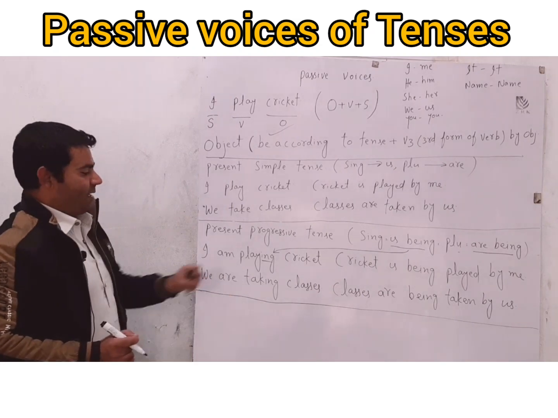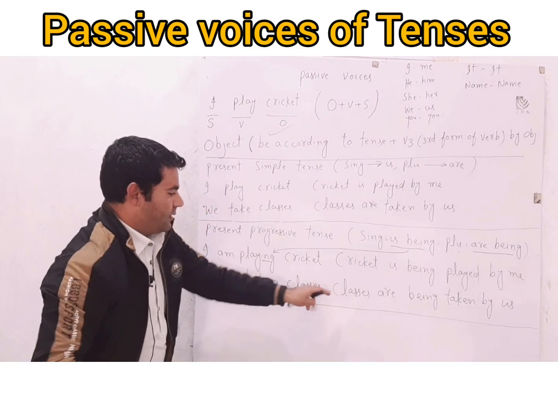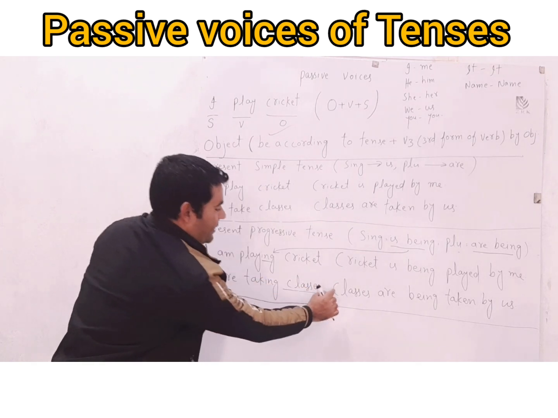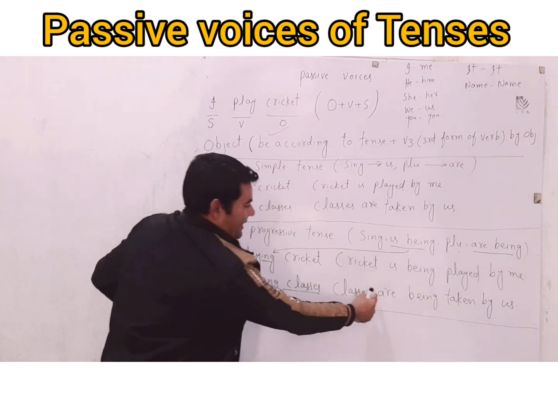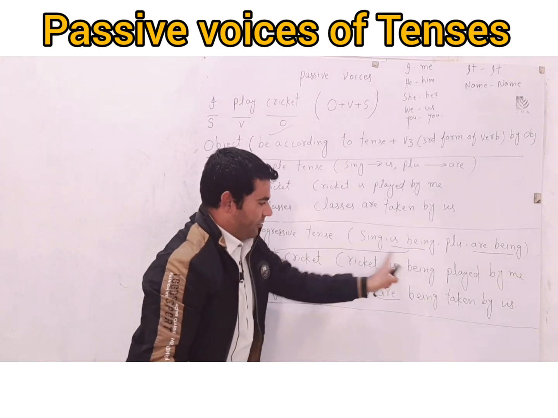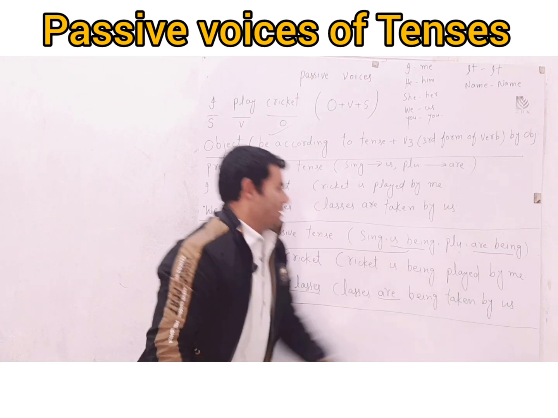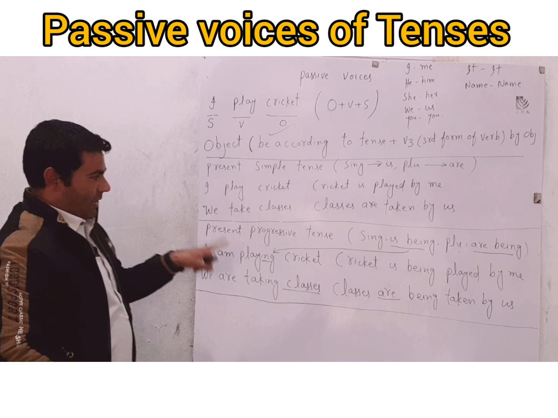We are taking classes. Classes is plural, so classes came to the beginning of the sentence, and because it's plural, we used are with that, and then being for the ing taken by us. So what's the difference between these two tenses? Just being, okay?